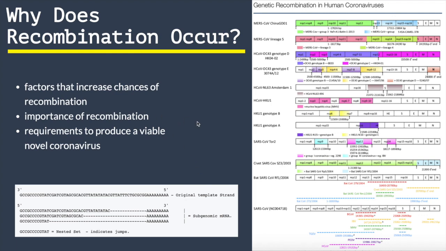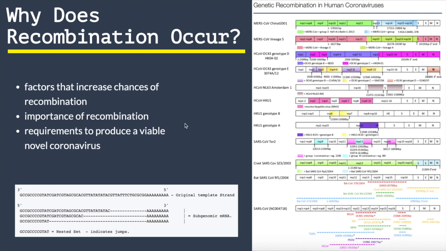The importance of recombination is that a lot of times recombination will enable a virus to escape host immunity or to develop drug resistance, which will allow it to live longer and replicate and produce more offspring, I guess you could say. So recombination is a very common way for novel coronaviruses to form.